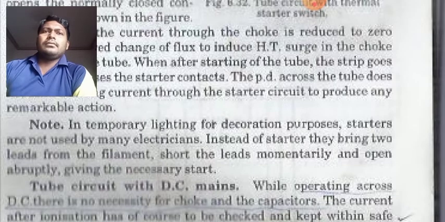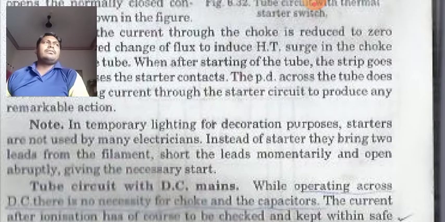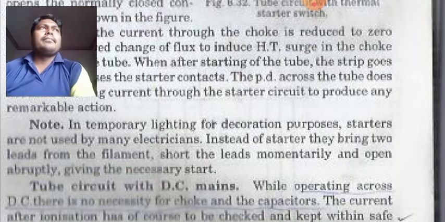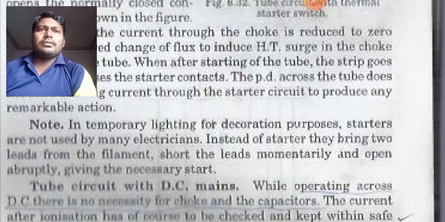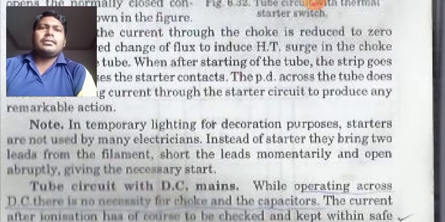So you might have noticed places where there is no starter in a fluorescent tube arrangement. Generally, the electricians simply short circuit those starter terminals to give a momentary spark so that it starts.